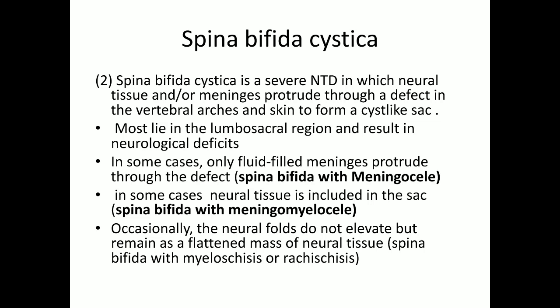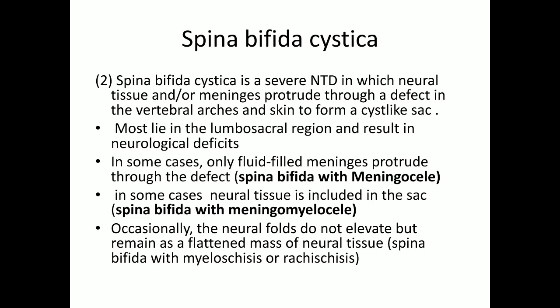Sometimes this cyst is filled with fluid, cerebrospinal fluid, or fluid-filled meninges protrude through the defect, then it is called spina bifida with meningocele. This means the cyst is filled with fluid and meninges, and they protrude through the defect in the vertebral arch.